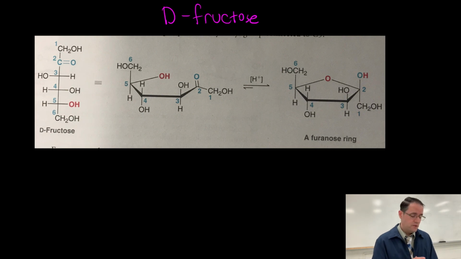Now for fructose, here's what happens when D-fructose here on the left reacts to form a cyclic hemiacetal, okay? So it forms a furanose ring. Furanose, remember, means five-membered ring, and it's forming a hemiacetal.